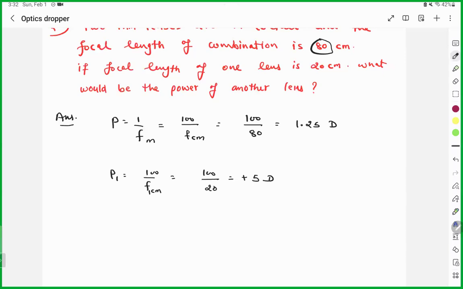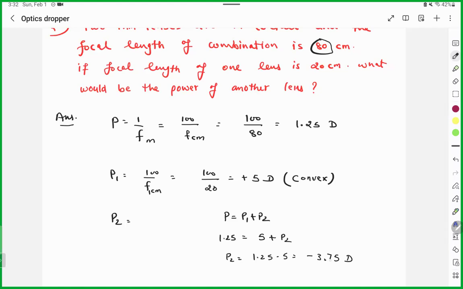We don't know which lens this is. Based on the value, if it is positive, convex; negative, concave. This is convex. Second, if you want to calculate the second, the easiest way is P is equal to P1 plus P2. P is 1.25, P1 is 5, plus P2. So what will be the P2 value? 1.25 minus 5 is minus 3.75 diopter.